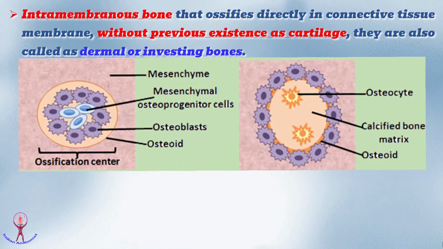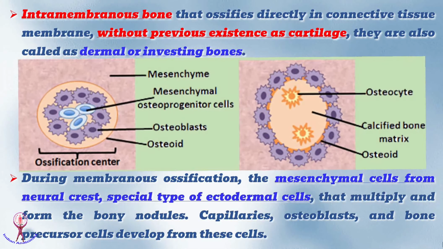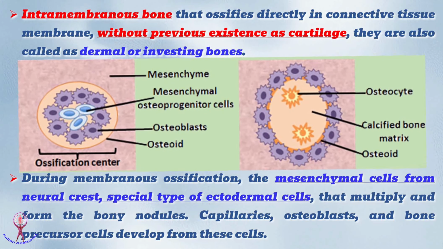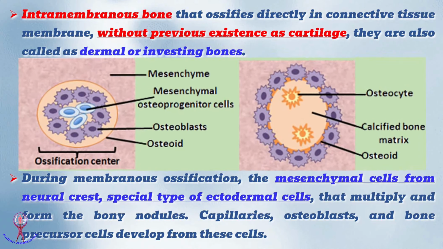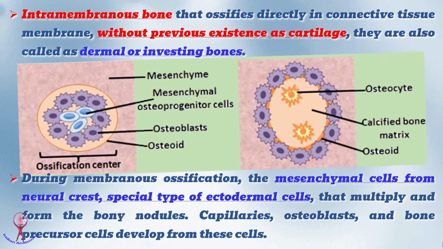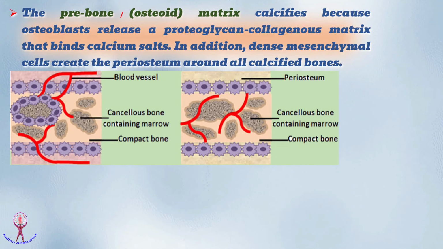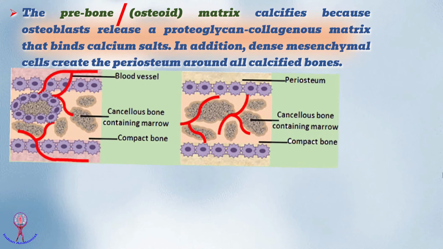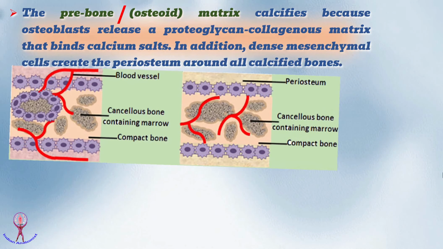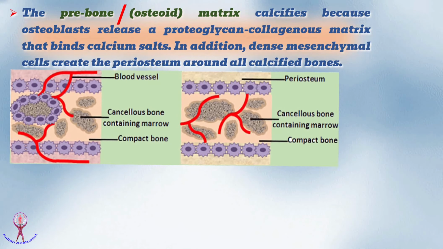dermal or investing bones. During membranous ossification, the mesenchymal cells from the neural crest, which are a special type of ectodermal cells, multiply and form the bony nodules. Capillaries, osteoblasts, and bone precursor cells develop from these cells. The pre-bone osteoid or matrix calcifies, because osteoblasts release a proteoglycan collagenous matrix that binds calcium salts.